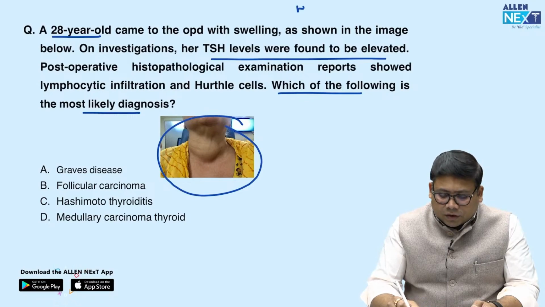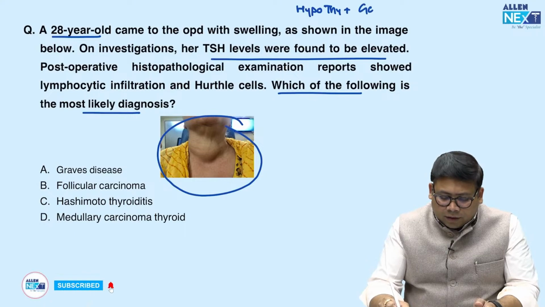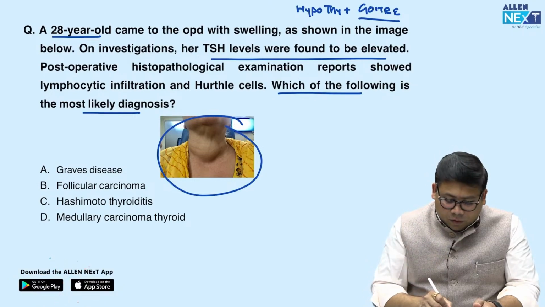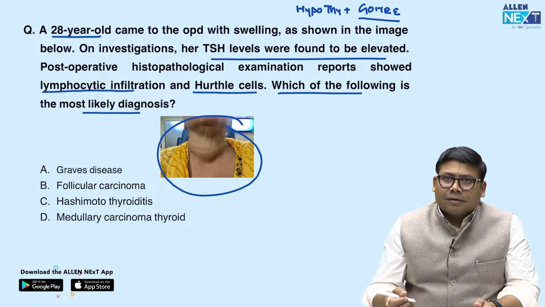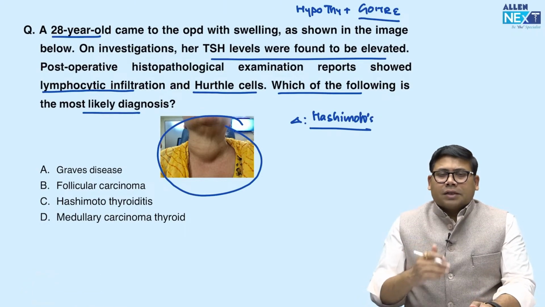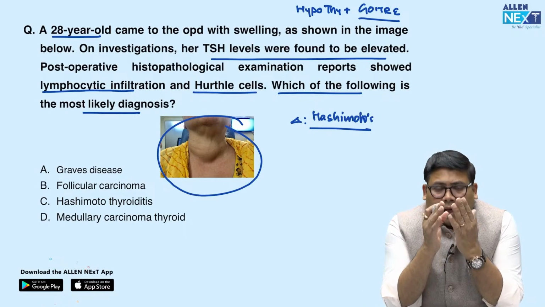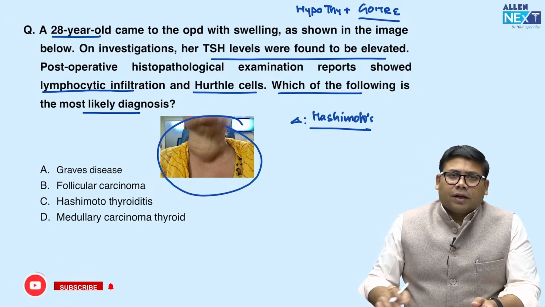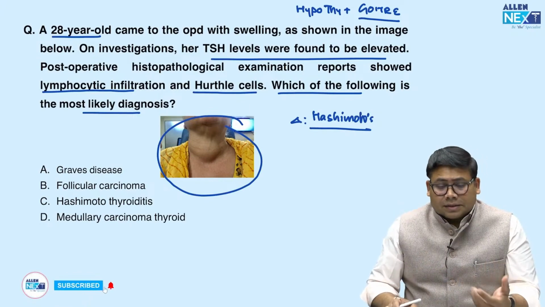So this is a case of hypothyroidism with a goiter, and the HPE shows lymphocytic infiltrate and Hurthle cells. The diagnosis is none other than Hashimoto's thyroiditis. Students, this is classical Hashimoto's. Otherwise, if you don't have the Hurthle cells or the lymphocytic infiltration, a lot of options can be considered.